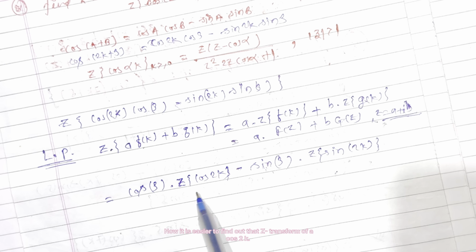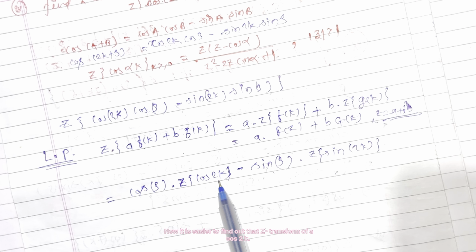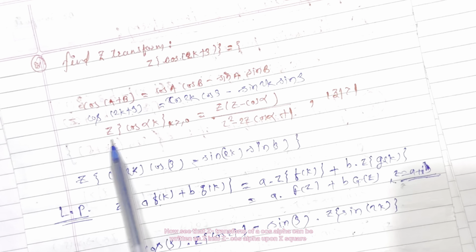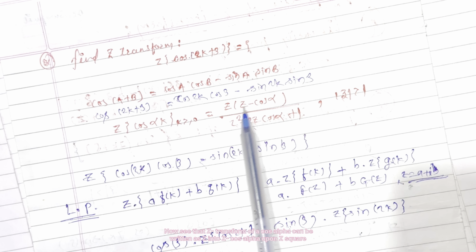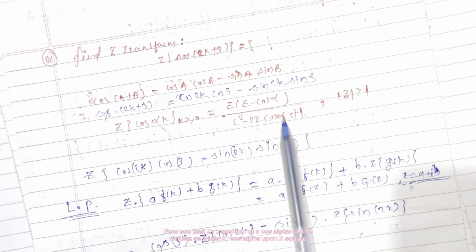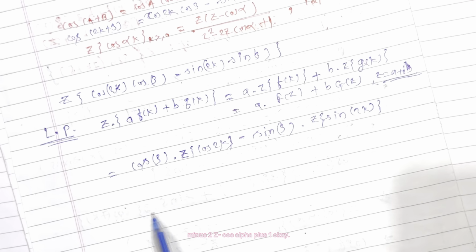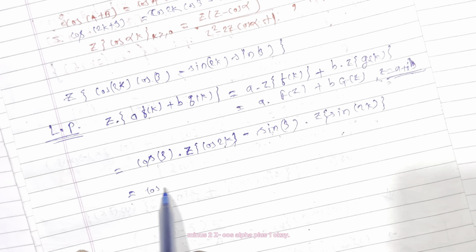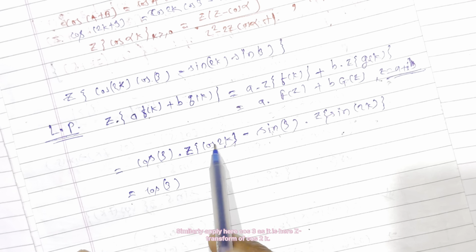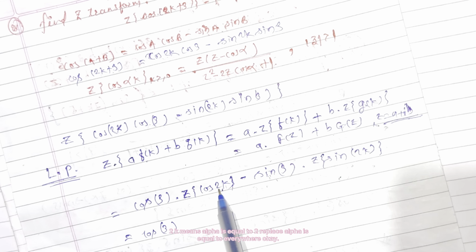Now it is easier to find the z transform of cos 2k. See that the z transform of cos alpha k can be written as z into z minus cos alpha upon z square minus 2z cos alpha plus 1. Similarly, apply here: cos 3 as it is, and the z transform of cos 2k. 2k means alpha is equal to 2.